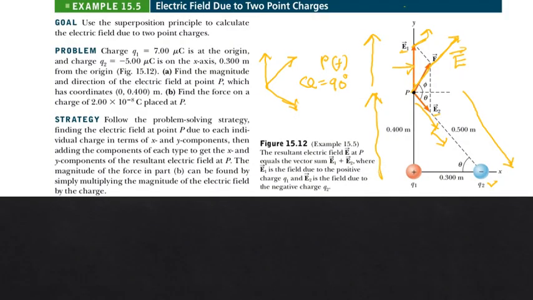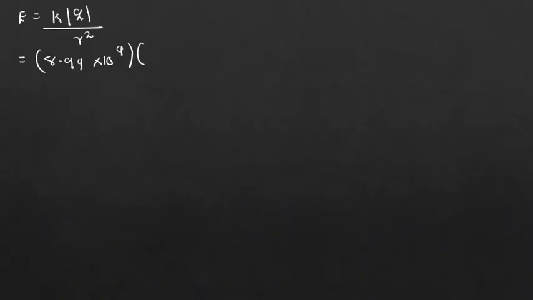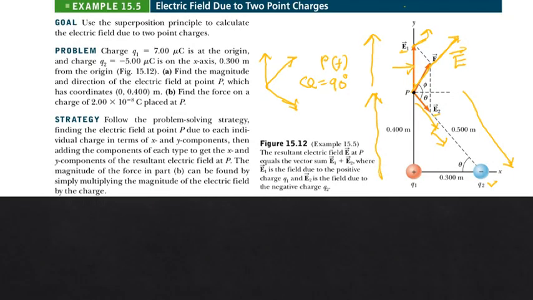Q1 is 7 microcoulomb, so this will be 7 multiplied by 10 to the power negative 6 coulomb. First of all, find the magnitude due to Q1 in this direction toward P.